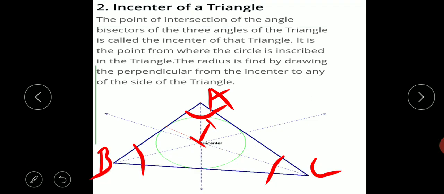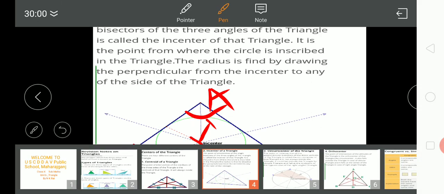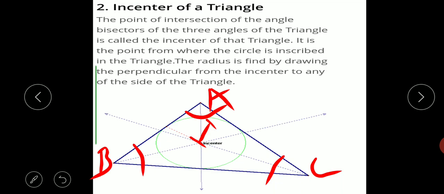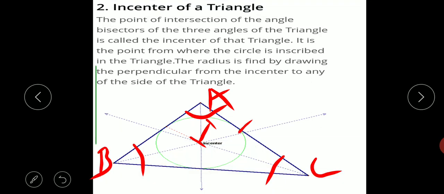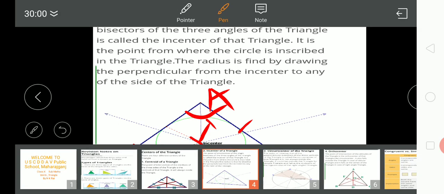As you can see, by taking this point I as center, you can draw the circle which will always lie inside the triangle. It will touch the sides at 3 points, and by drawing the perpendicular from the incenter to the sides, you can find the radius of the inscribed circle.